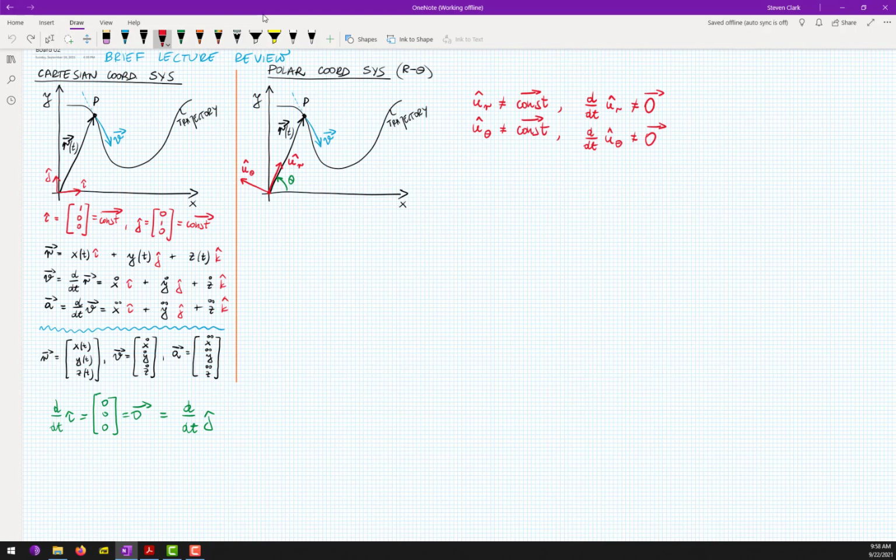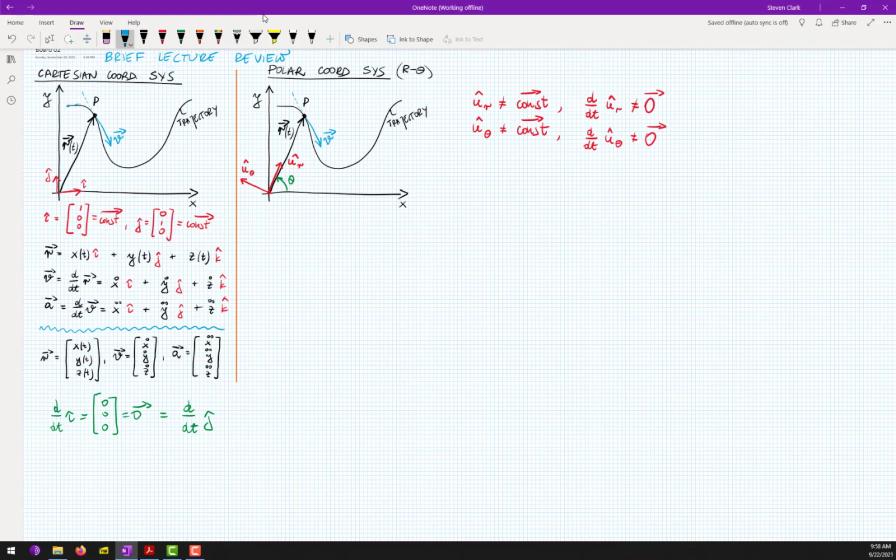So the story goes like that. Let us look at the left hand side. Here, we try to express the motion in the Cartesian coordinate system. We have a trajectory.